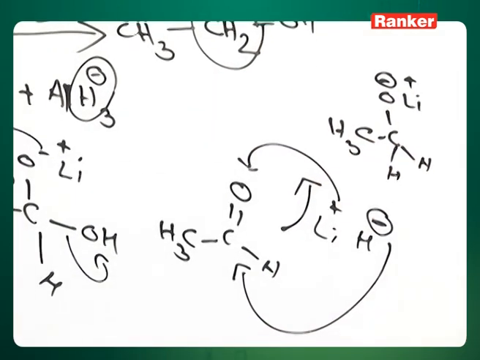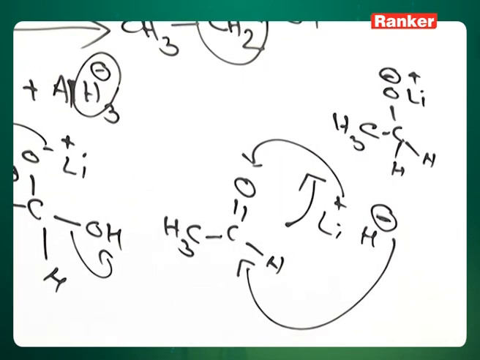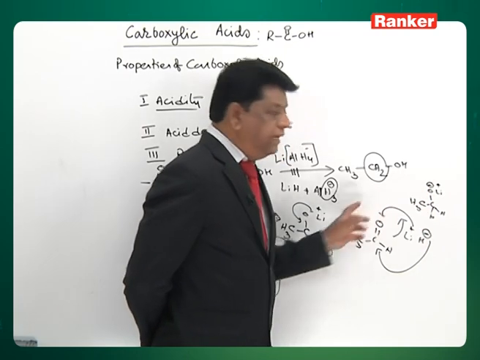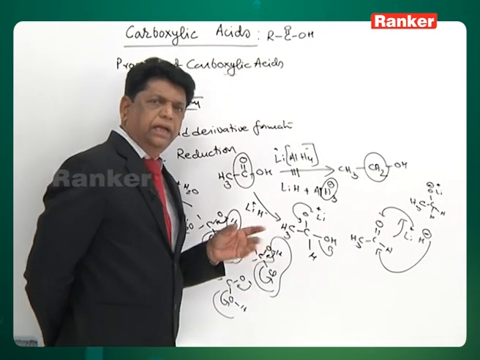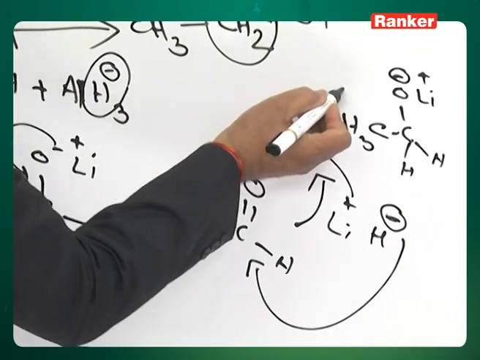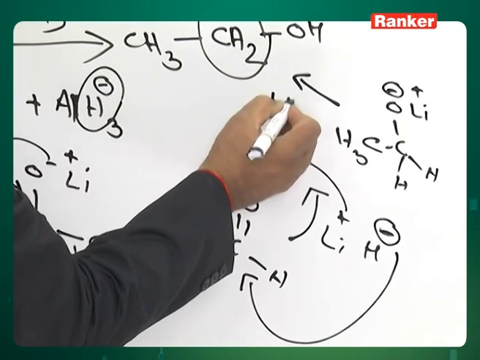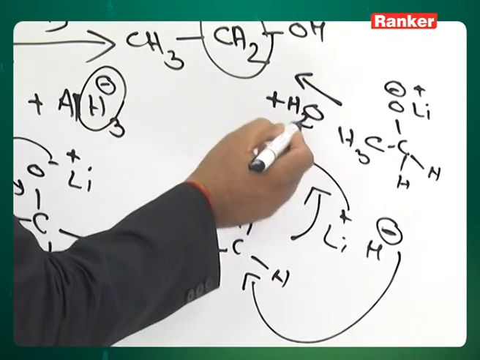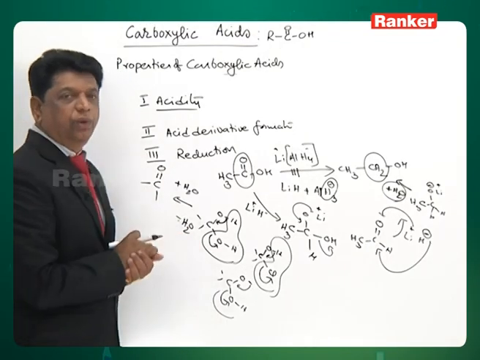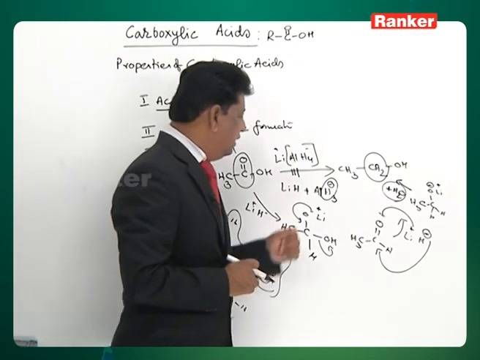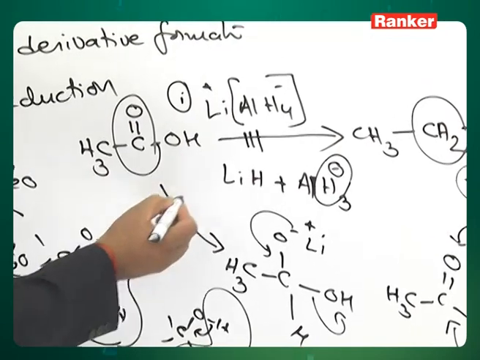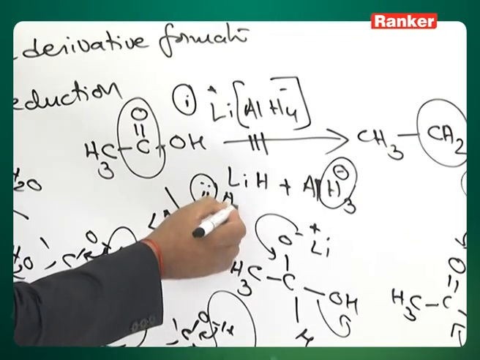This is actually the last salt, lithium ethoxide, which is very highly hygroscopic and hydrolyzable with the moisture available in the air itself. So, therefore, from here to here you need not add separate water and do this reaction. This is not necessary. Even with moisture, it seems the lithium salt slowly hydrolyzes to give the alcohol. That is why, after adding lithium aluminum hydride as step 1, the step 2 of adding water is not necessary, it seems.